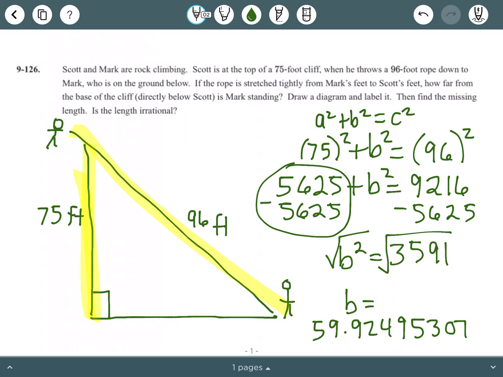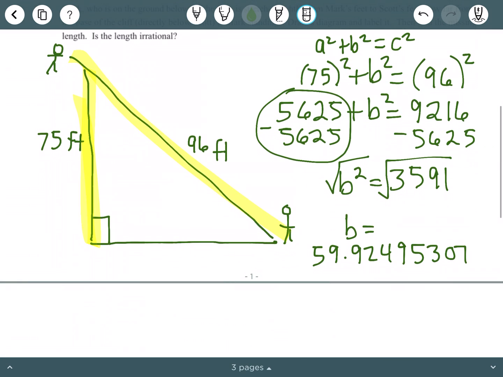And it is at that point that my calculator maxes out of digits. So let's round to the nearest hundredth. We'll say that he is standing about 59.92 feet from that cliff.